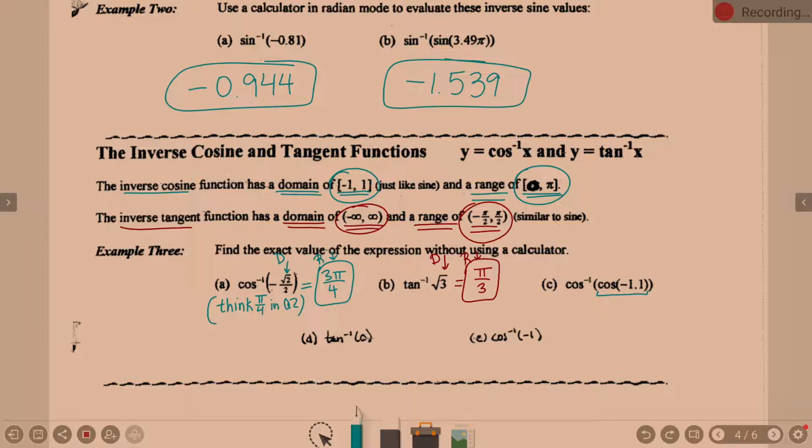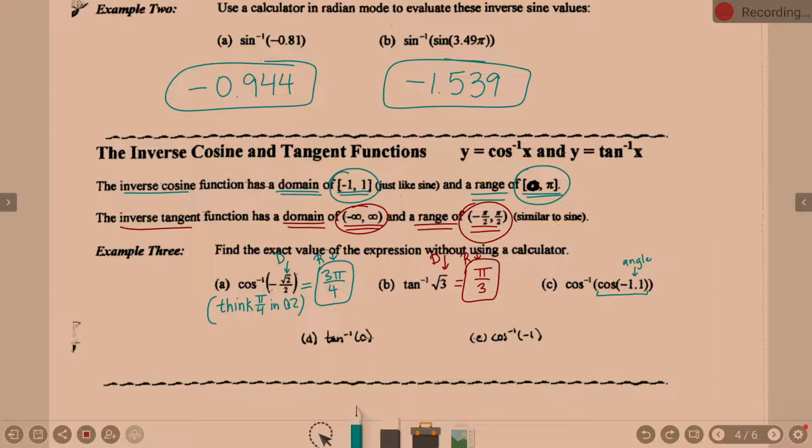Okay. This is a regular cosine, which means negative 1.1 represents an angle. It's not our typical angle form, is it? That's okay. It represents an angle. Do you know the cosine of the angle 1.1 or negative 1.1?